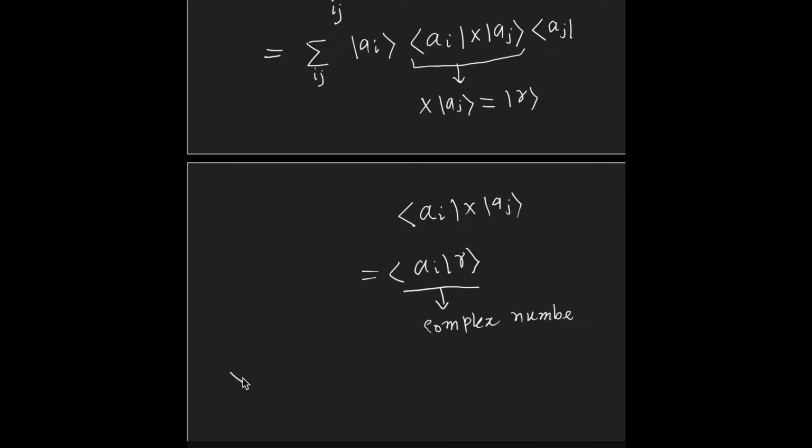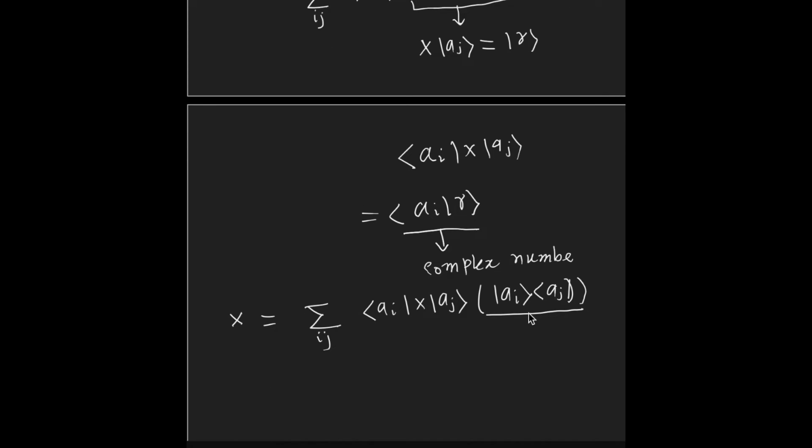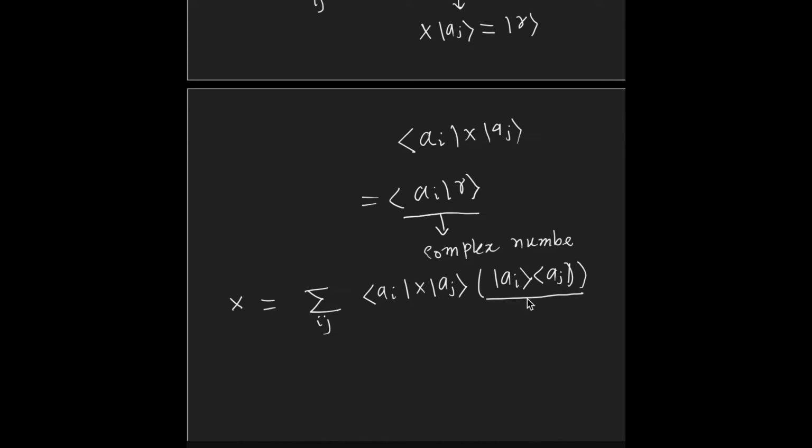Then we can write X equal to the summation over i,j of <a_i|X|a_j> times |a_i><a_j|. This is the outer product between the two ket vectors, which is an operator.